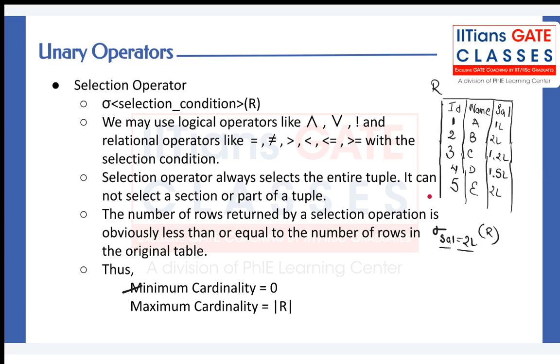Now let's add a few more columns to it. Let's say I add one more column and name it age. Let's say age is 23, 25, 21, 27, 26. Let's say I also tell you, not just give me the salary 2 lakhs. Can you return the tuples who have an age greater than 23?